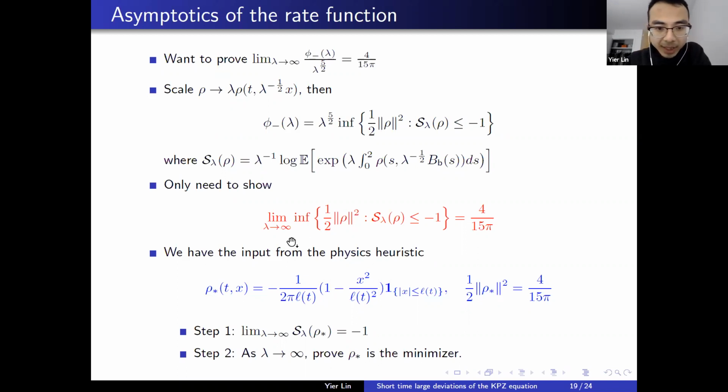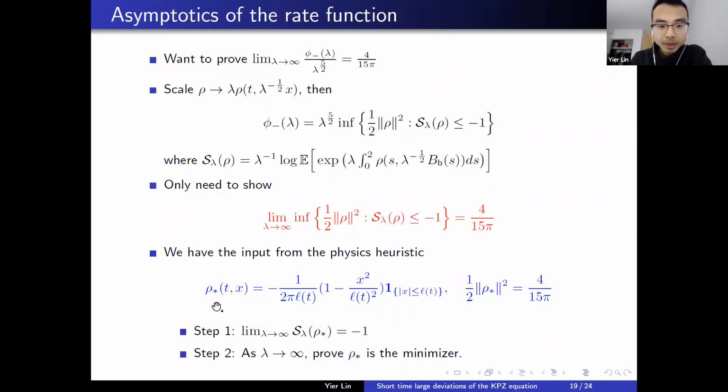So it is natural to guess that when lambda goes to infinity, this rho star should really be the minimizer for this infimum. Okay, and you'll see the L2 norm of rho star is 4/(15 pi), so you match with the limit here. So to prove the red line here, you only need to show two things.